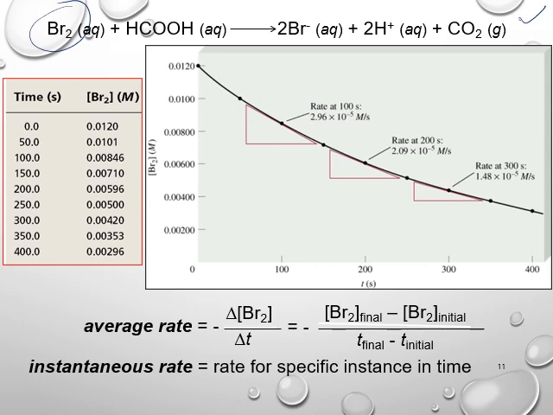Graphically, the instantaneous rate at 100 seconds after the start of the reaction, say, is given by the slope of the tangent to the curve at that instant. The instantaneous rate at any other time can be determined in a similar manner.